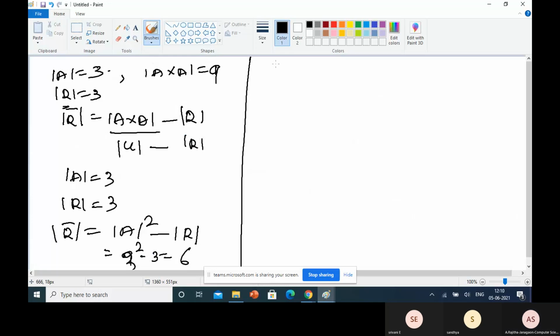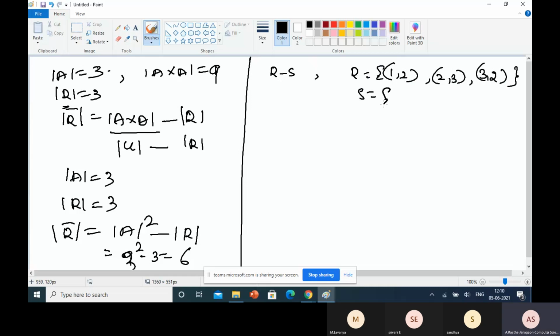And now, what is R minus S? You know that: the relation is present in R but not in S. So here R equals 1 comma 2, 2 comma 3 and 3 comma 2, and S equals 2 comma 3 and 3 comma 3.